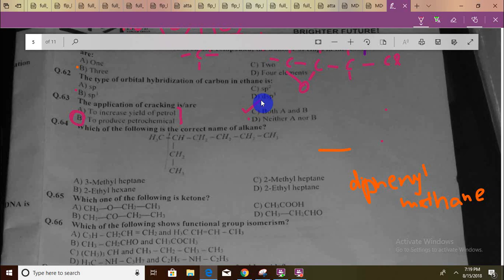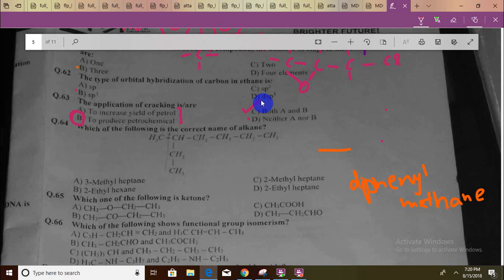We get various fractions at present, right? And fraction 1 is natural gas, which is the lightest, and that is used as a fuel, and petrochemicals basically to drive other chemicals.